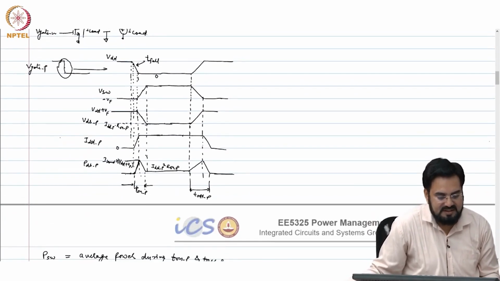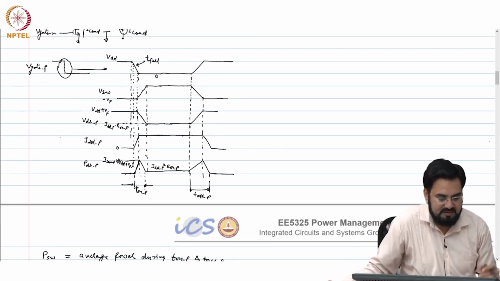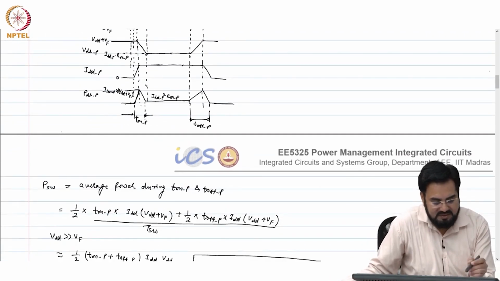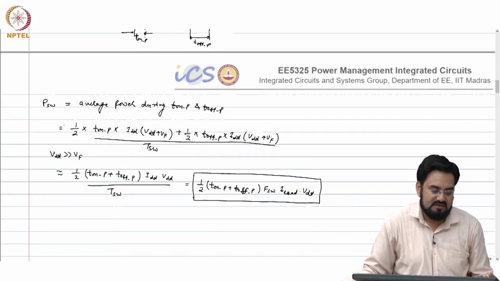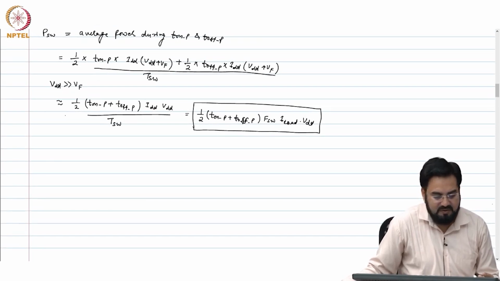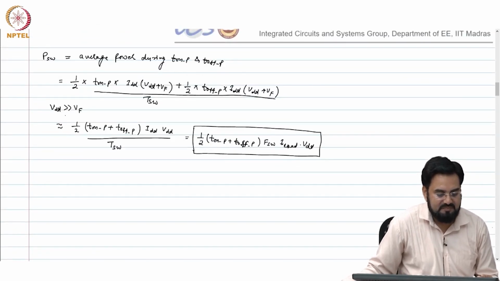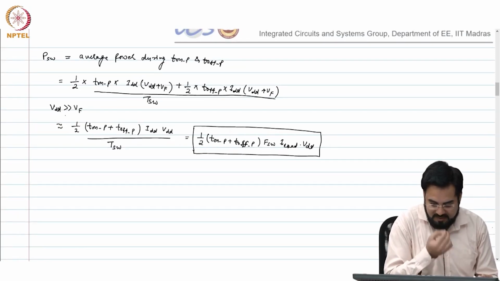Okay, so, for discrete power supply design, what power electronics guys do, they usually consider this as a dominant factor. So, the switching losses start dominating for them.